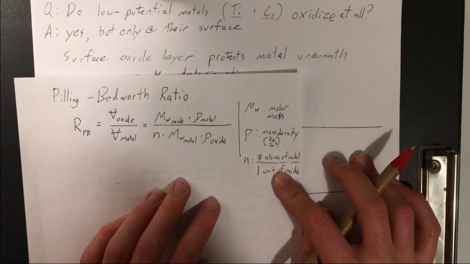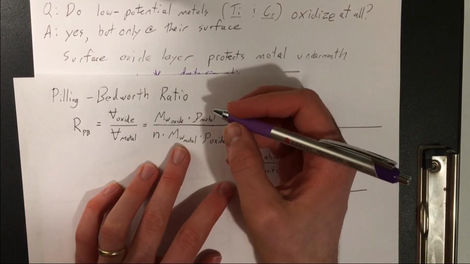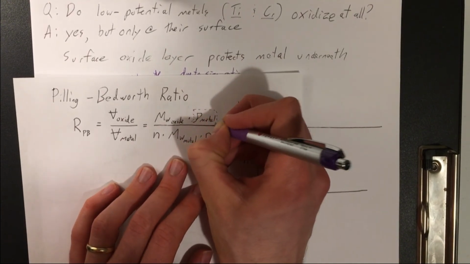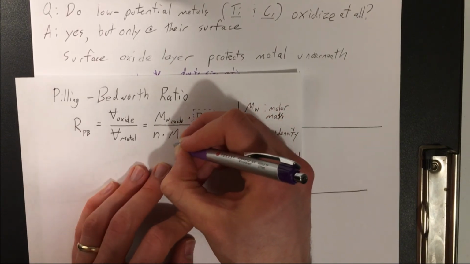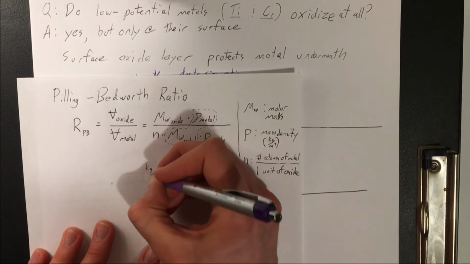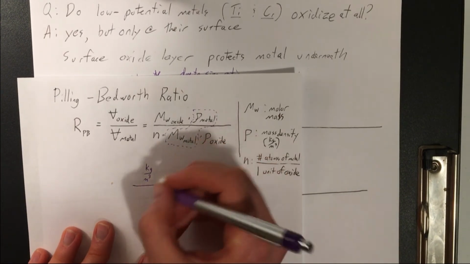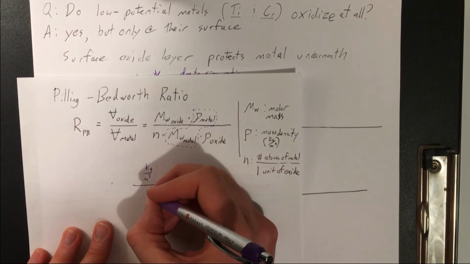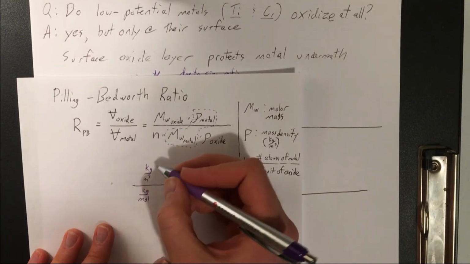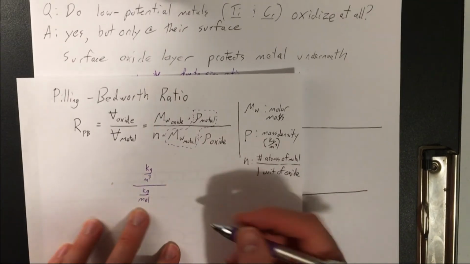So anytime I see a new equation like this, I like to think about units. So if we think, all right, what is, for example, the density of metal divided by the molecular weight of metal? Well, the density would have units of kilograms per meter cubed, and the molecular weight would be something like kilograms per mole, or grams per mole.